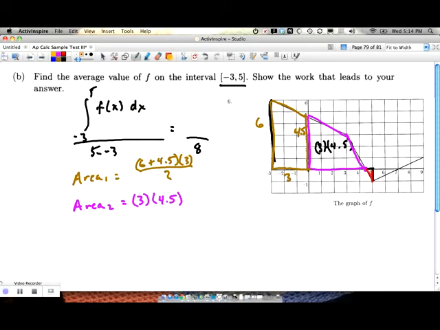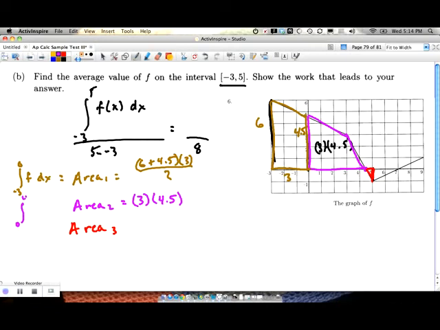So let's do some calculus here. The integral of f from -3 to 0 is equal to area 1. And then the integral from 0 to 4.5 of f of x is equal to this one.